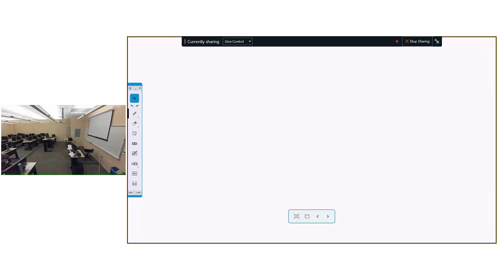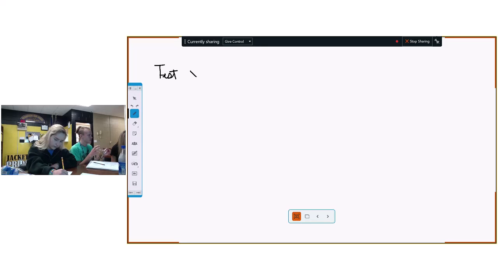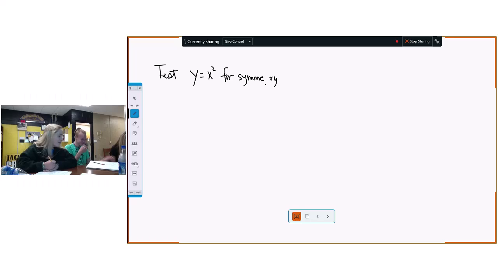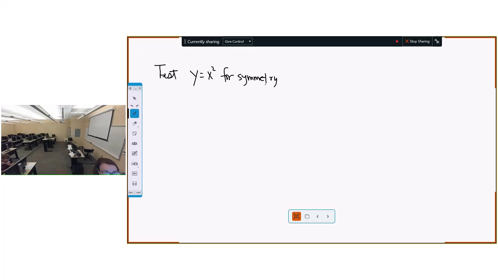All right, so we're going to test y equals x squared plus 2 for symmetry with respect to the x-axis. Okay? So we're going to let y be a negative y.